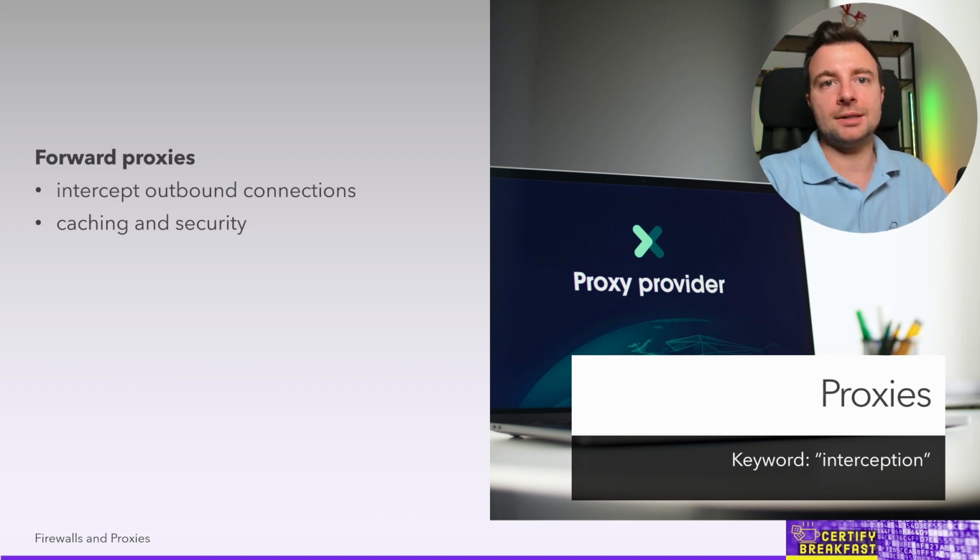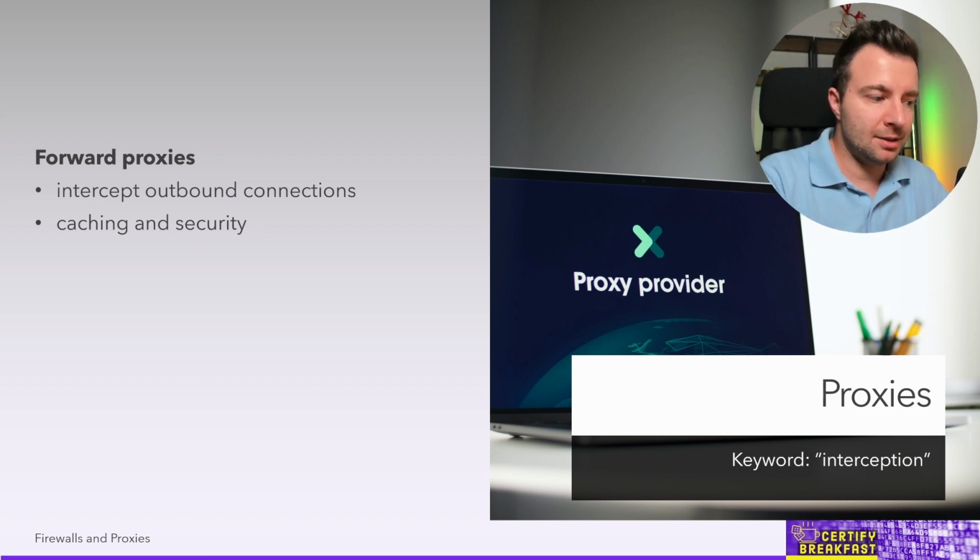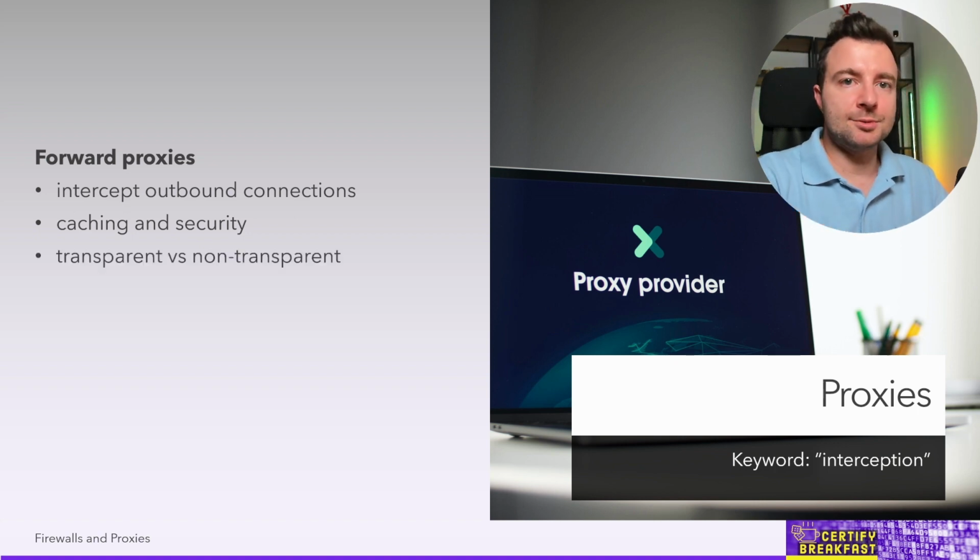If you know that a lot of users inside of a company frequently access the same resources, you might ask the proxy to cache some of those resources so that when a different user requests that same resource, you're not going to have to forward that request to the internet and download that resource again. You're simply going to serve it from the proxy's cache for performance purposes. And these proxies can be implemented in a non-transparent method.